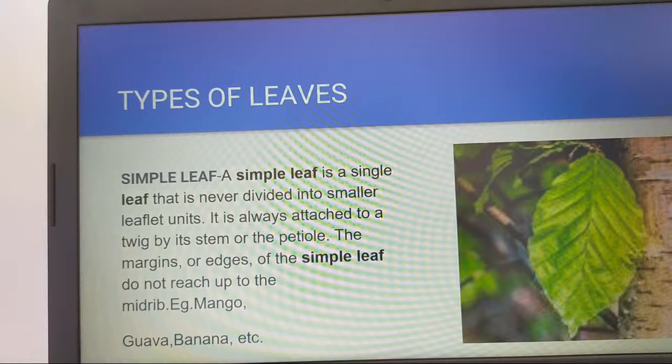It is always attached to a twig by its stem or the petiole. The margins or the edges of the simple leaf do not reach up to the midrib. So I'm sure that simple leaf is clear to you. Then coming to the second type of leaf.